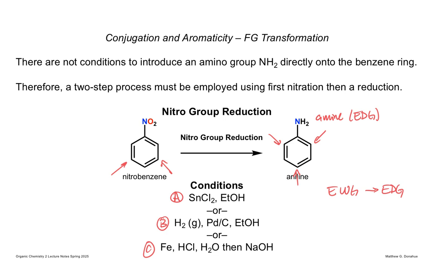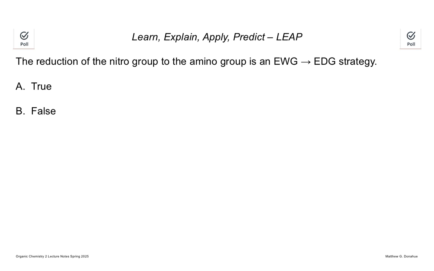How do you control that arrangement, so you're making that one specific compound and not some constitutional isomer? So the reduction of the nitro group, NO2 to the amine group, is the electron withdrawing to electron donating strategy.